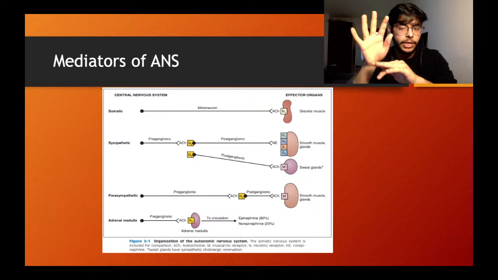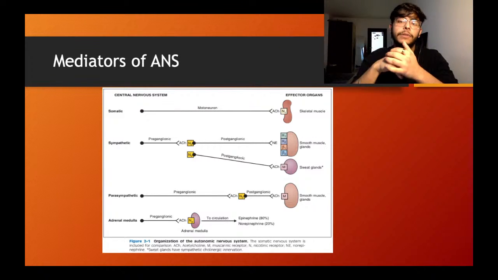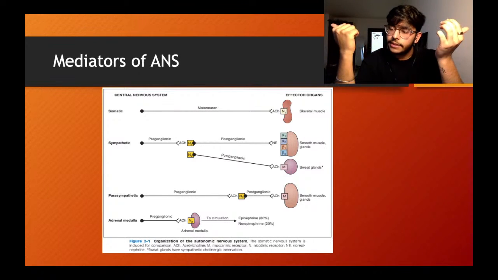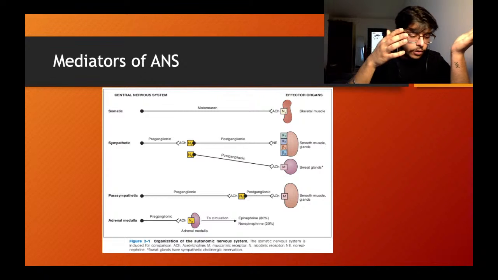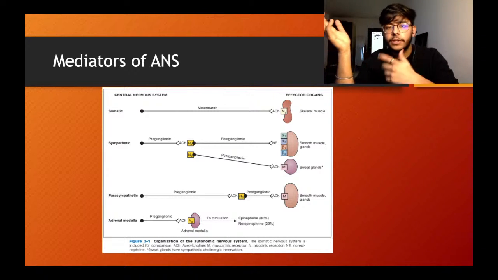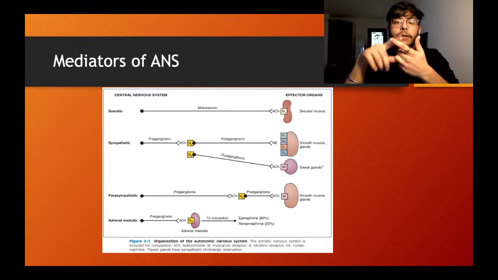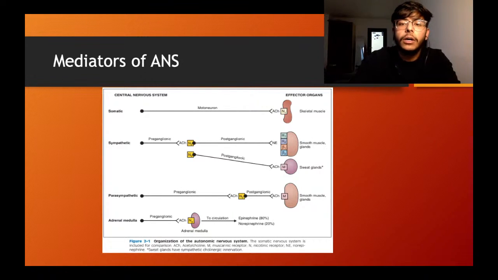Noradrenaline, adrenaline, any two. And the receptors are completely different, which makes sense. If I have a different molecule, I'm going to have a different receptor as well. So there's alpha 1, alpha 2, beta 1, beta 2, which I should get into.